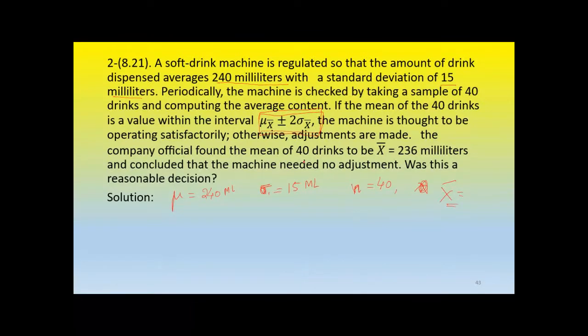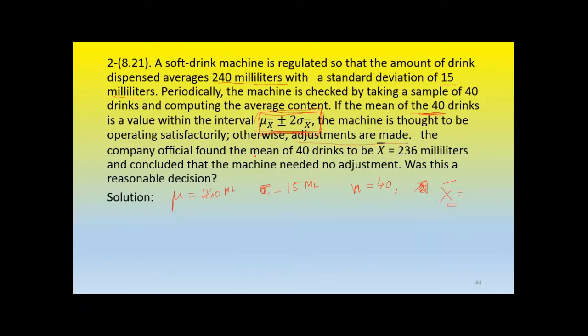So what we are going to do is calculate mu plus or minus 2 sigma x bar. The machine is thought to be operating satisfactorily. So if you find the average of the sample and the average falls in this interval, then you say the machine is working good. Otherwise, some adjustments are necessary, isn't it?